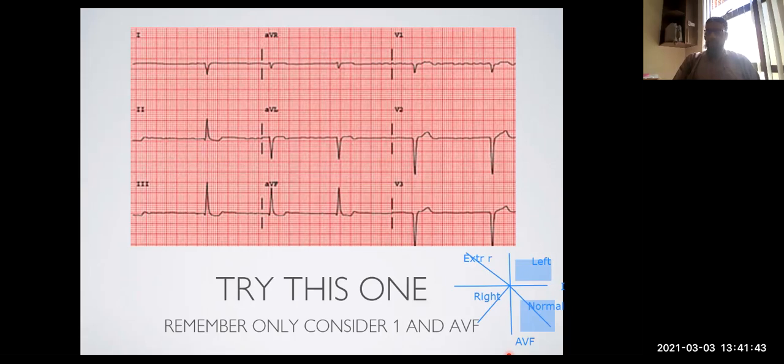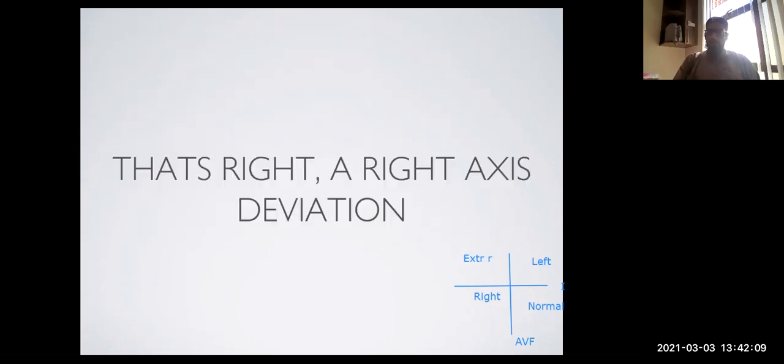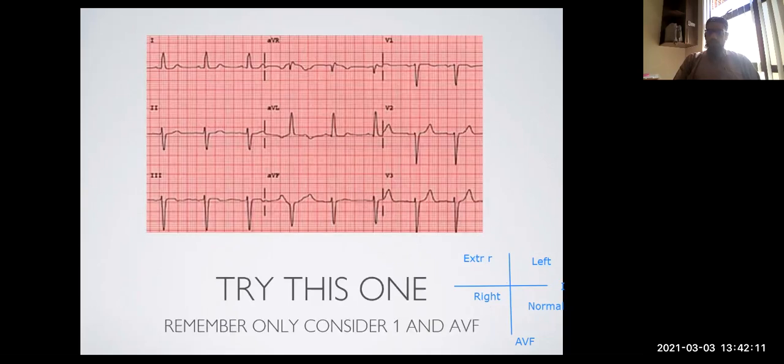It can never be in the extreme right, because that would mean electricity is moving away and AVF would be negative. So we are left with a right-sided axis. This is just a little thing you can draw to work out for yourself what's going on. Eventually you will be able to do this in your head, without needing to physically draw something. So this is a right axis deviation.